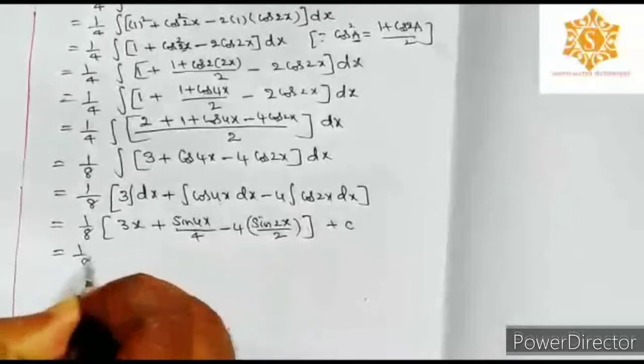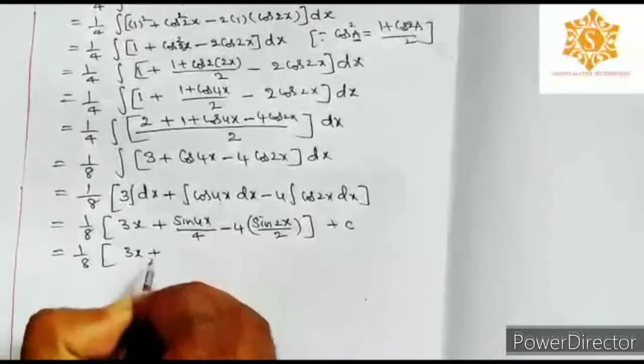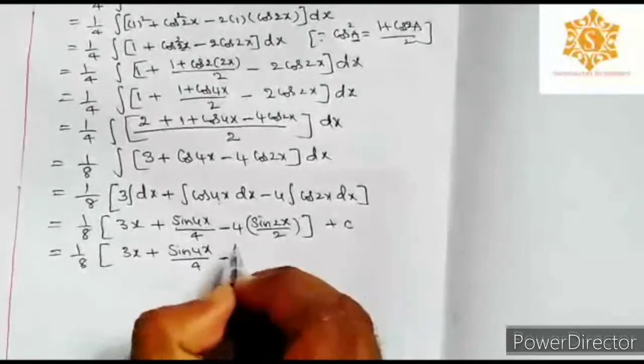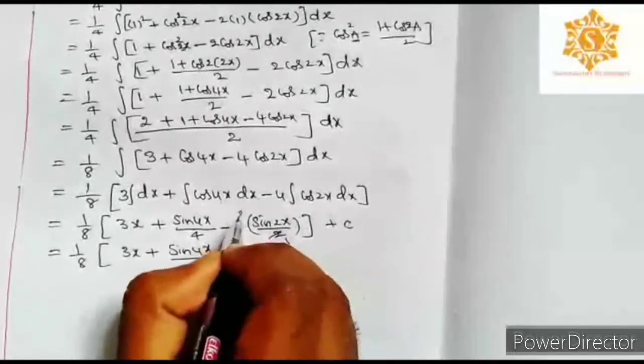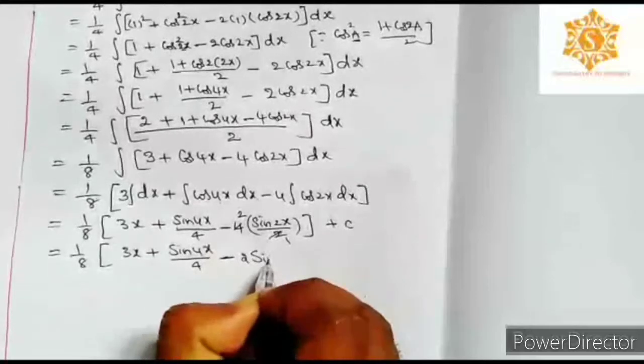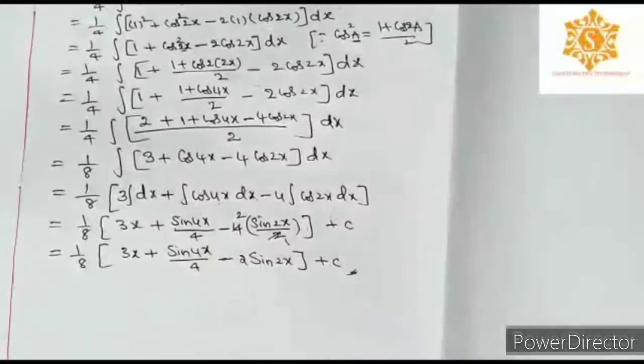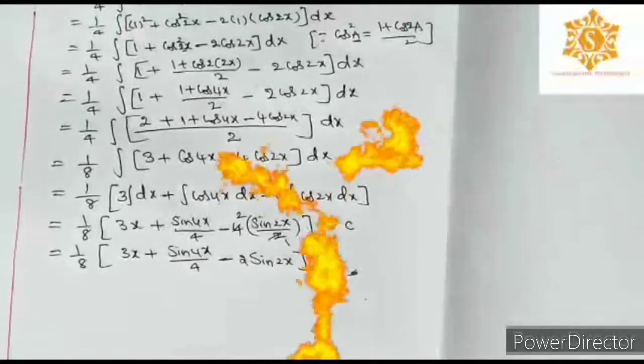So 1 by 8 into 3x plus sin 4x by 4 minus 2, 2 2s are 4, 2 sin 2x plus c. So this is the solution of the given problem.